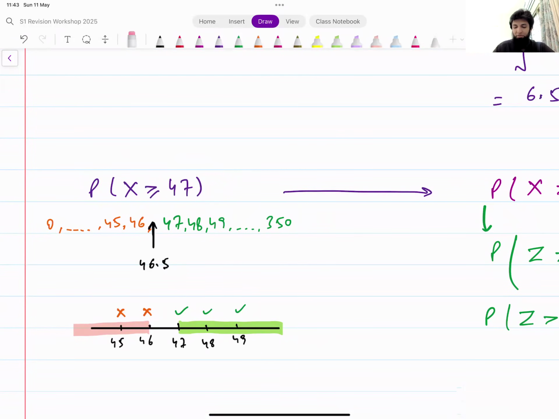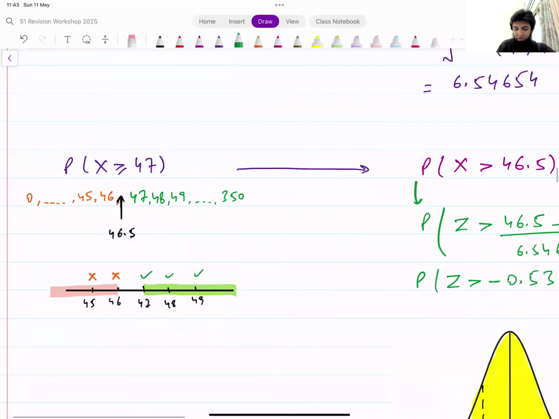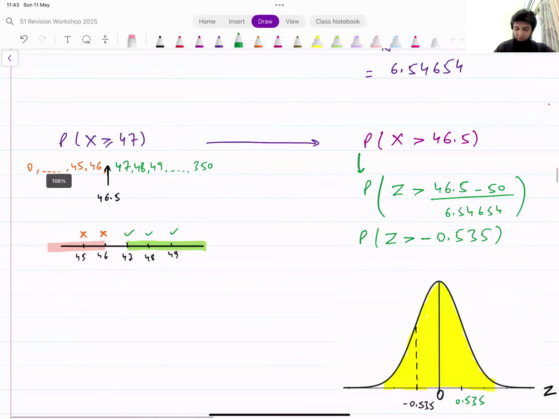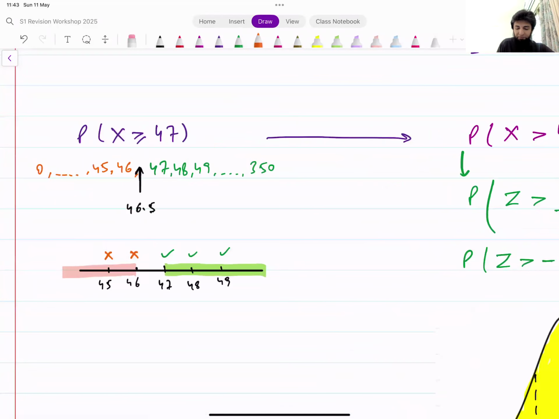But the problem in normal distribution is that when we convert it, it becomes a continuous distribution. So in a continuous distribution, values can also be in decimal. So we can also have some value in the middle here. We can have 46.1, 46.2, 46.5, 46.7. What do we do with those values? In discrete, that was not a problem because greater than or equal to 47 meant that we have to select these and not select these.